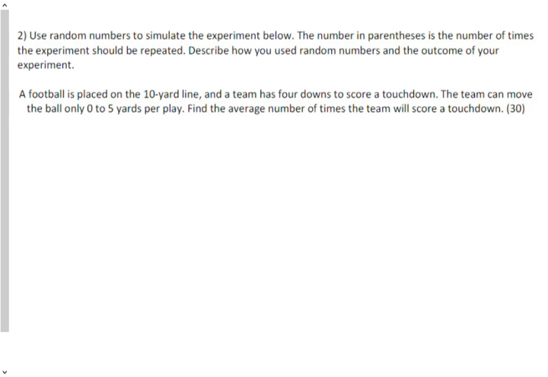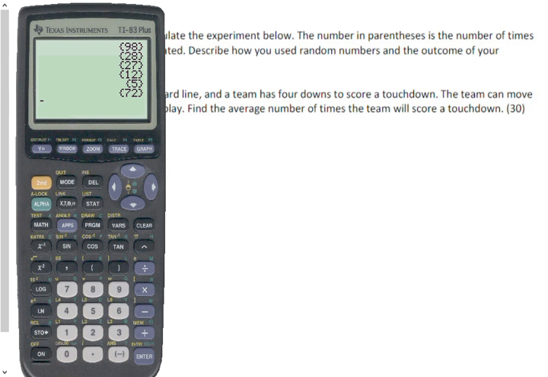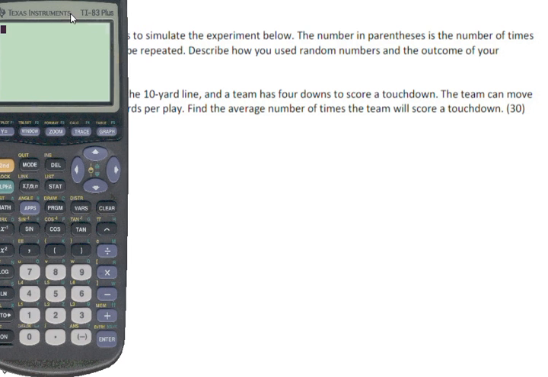So think about it. I've got 4 chances to score. So I'm going to make my random number between 1 to 4. And then how much can I go? So this is going to give me a random number between 1 and 4.